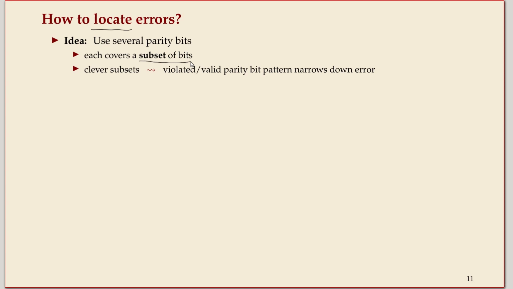So when we compute the parity, we just use some of the bits of the message, not all. And if we choose clever combinations of subsets, the pattern of which parity bits are violated in the block that we receive will allow us to narrow down where the bit error can have occurred.